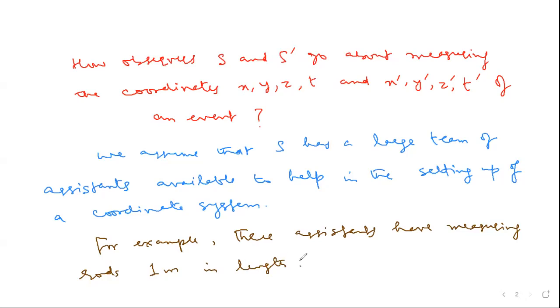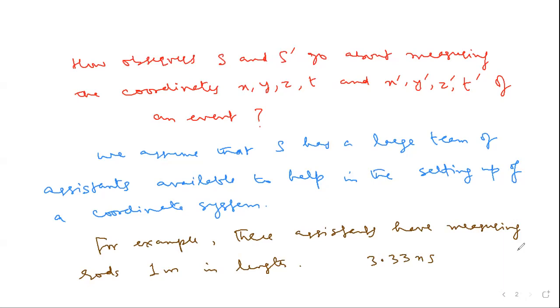They are instructed to lay out their rods each along one of the three coordinate axes and to wait at the position determined by the end of the rod until they see a flash of light at the origin, at which time they are to start their clocks at the preset reading of 3.33 nanosecond.